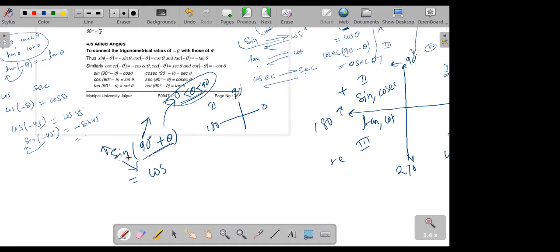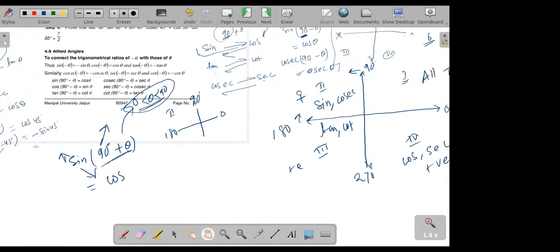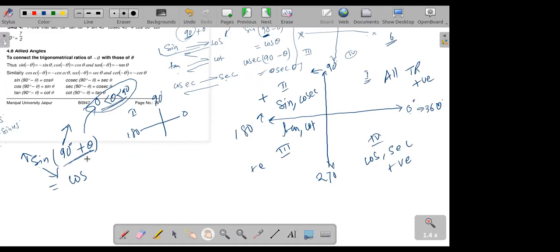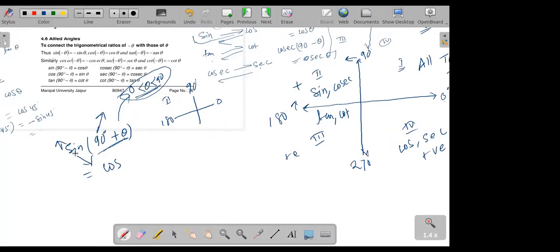Like I said, in the second quadrant only sine and cosec will be positive. Many students get confused: this is cos, so we have to check cos. No, don't check this; we have to check the question part, not the result part. So we have to check sine. Sine in the second quadrant is positive, so it will be cos of theta.